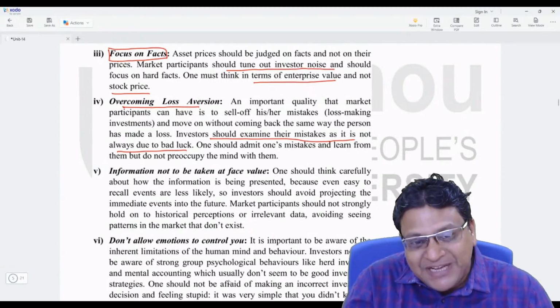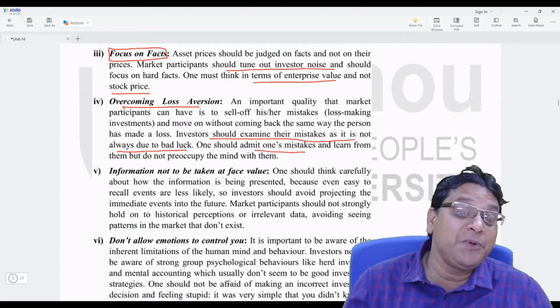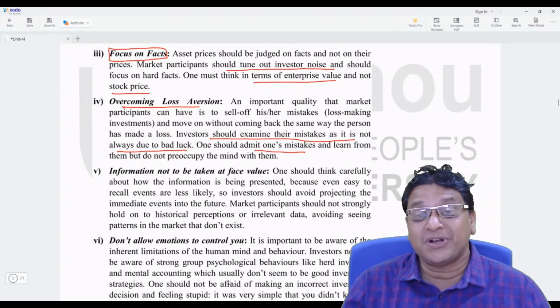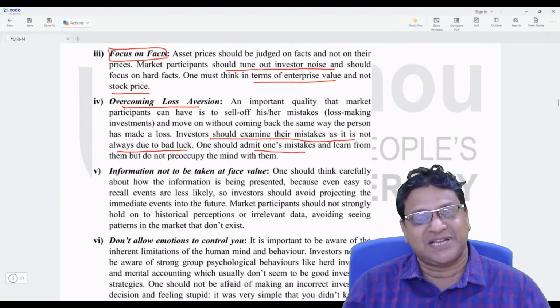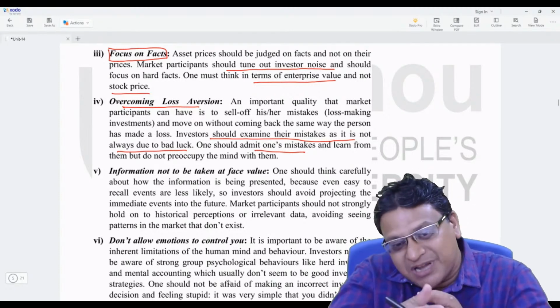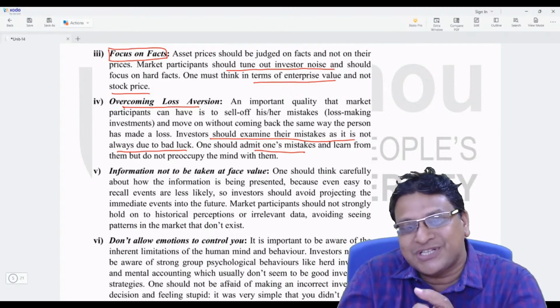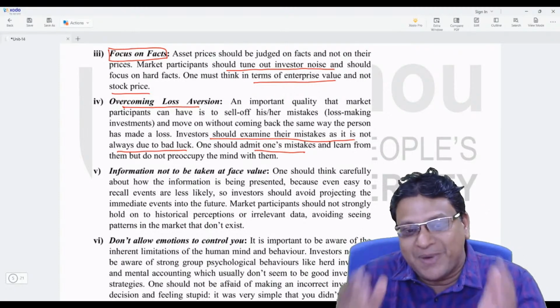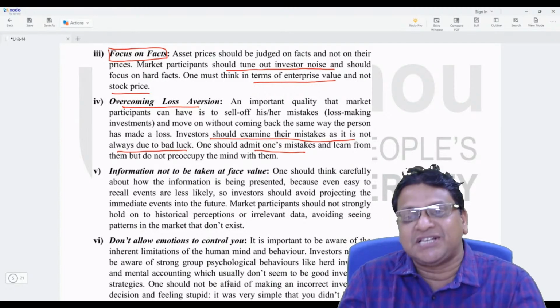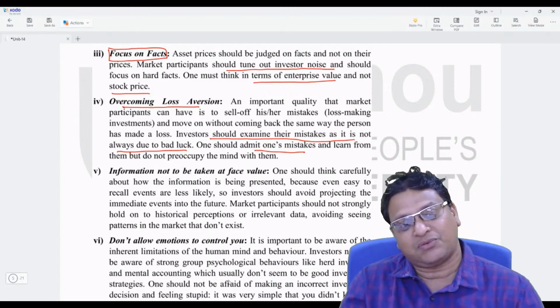One should admit one's mistake. There are many people in the market who make a wrong choice, but they do not admit their mistake and they hold on to that share, and the share value comes down and down due to false ego. They have to prove that my calculation, my analysis is correct. They hold on to that stock.